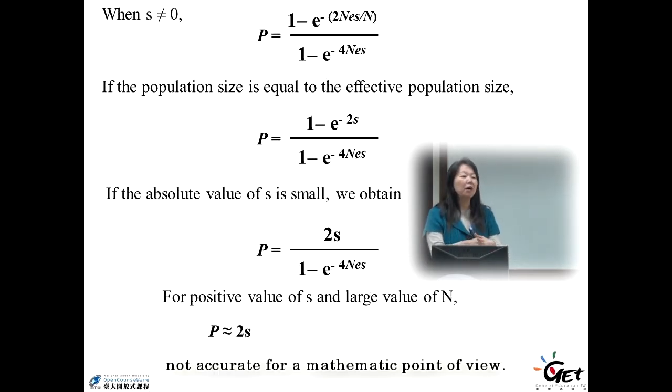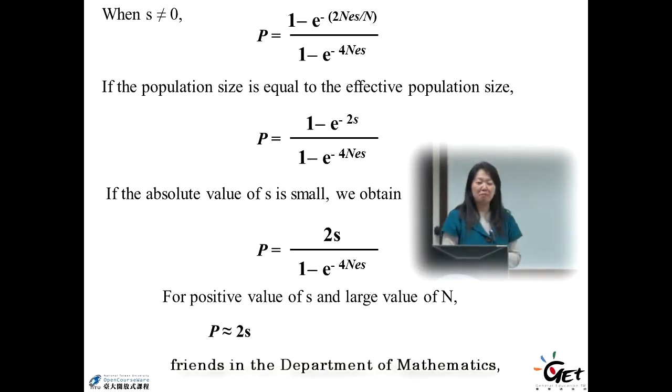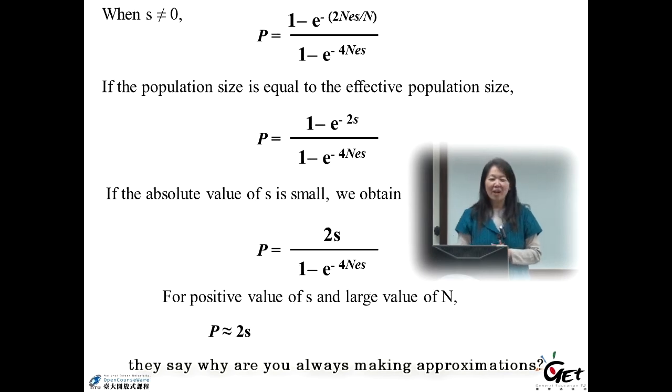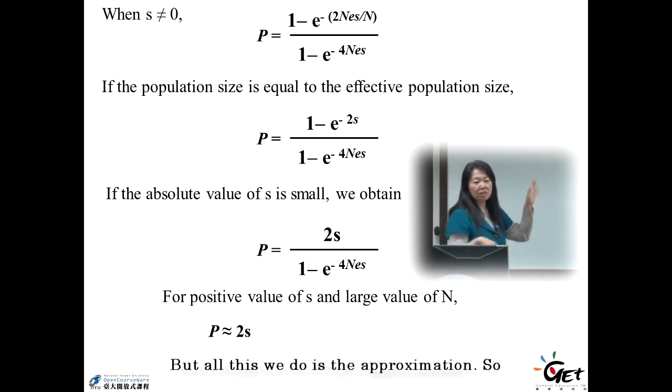So all this approximation probably looks not accurate from a mathematical point of view. If you look at your friends in the Department of Mathematics, they say, why do you always make an approximation? Because they like a clean formula, like a real number. But all we do is approximation.